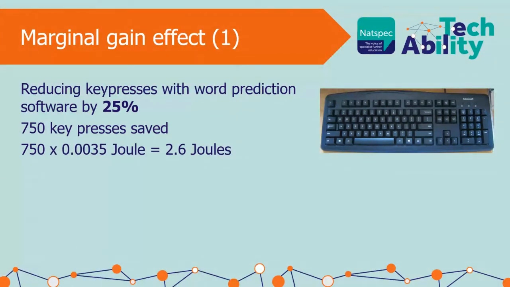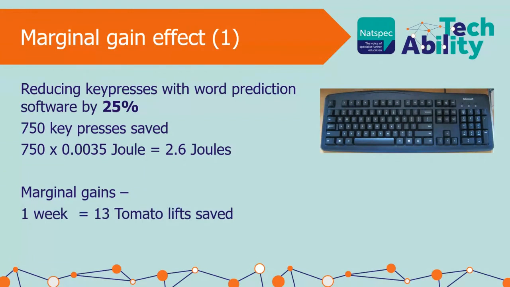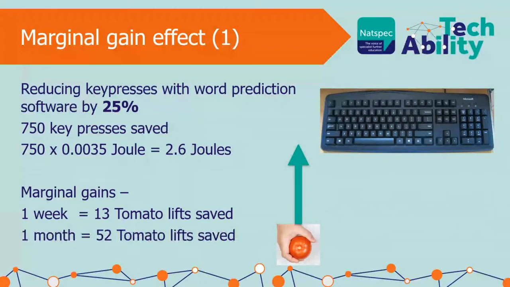Again, times that by our joules, we've saved 2.6 tomato lifts. Apply that to the marginal gains, scale it up. Think about that graph we saw back at the beginning of going up exponentially. In the course of a week, we're saving 13 tomato lifts. And in the course of a month, we've saved 52.